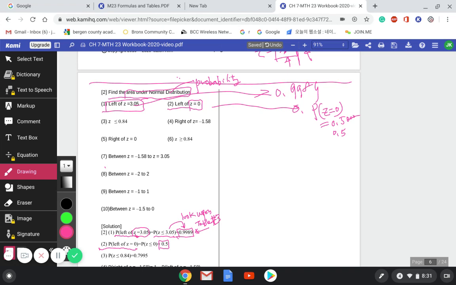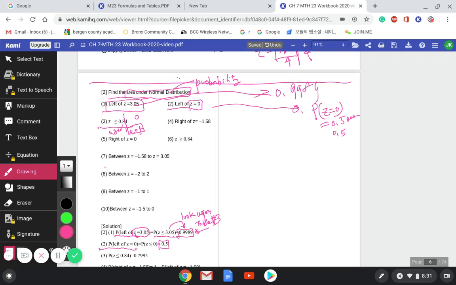Okay. Now, how about this? This also represents the left side of 0.84. 0.84 is two parts. One is 0.8 with a 0.04.